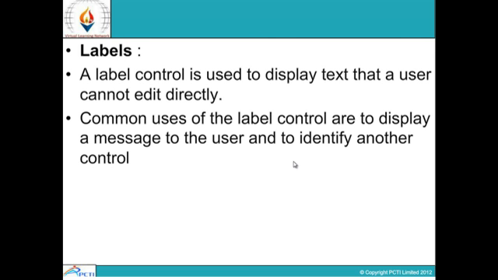Next control that we are going to cover is label control. A label control is basically used to display text that a user cannot edit directly. The common uses of label control are to display a message to the user and to identify another control.